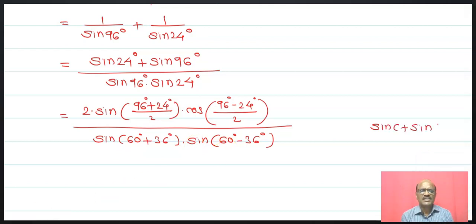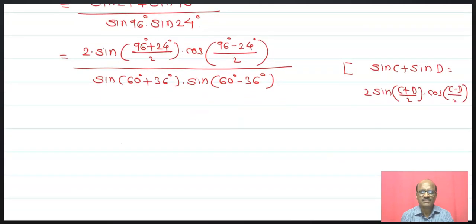Now next is again sine C plus sine D, that is 2 times sine of C plus D upon 2 into cos of C minus D upon 2.